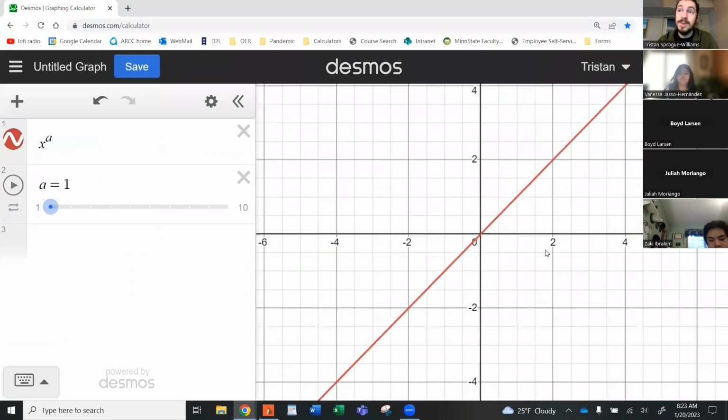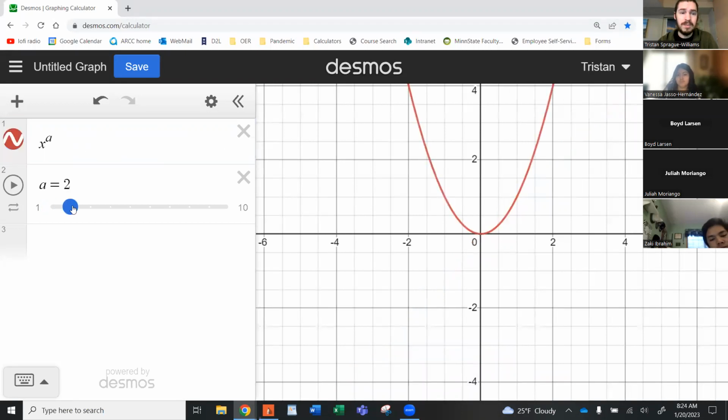And with polynomials and power functions like this, it's always going to be infinity or negative infinity. So here with just y equals x, we have negative infinity on the left and positive infinity on the right. But then you get an even power, like x squared, which is positive on both sides, and then you get negative on both sides, or negative positive again, and then it alternates like this.